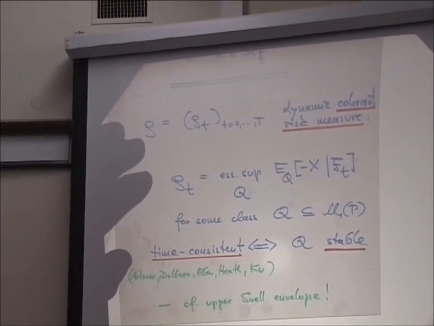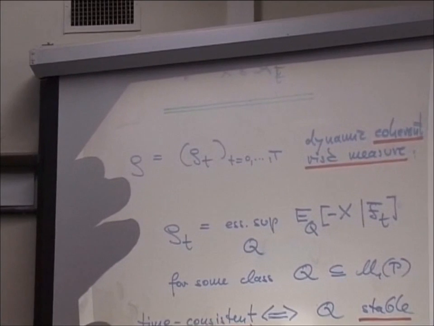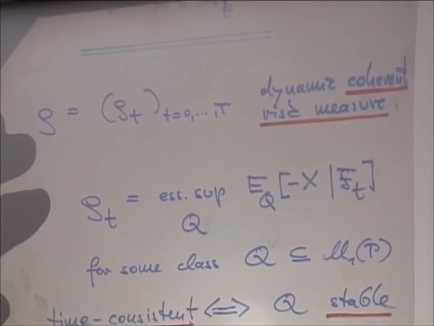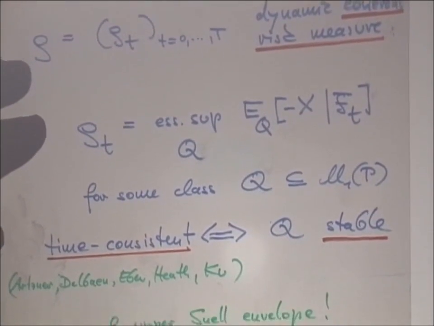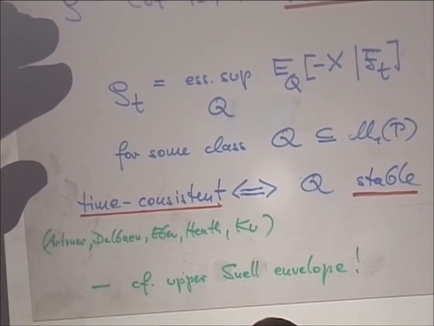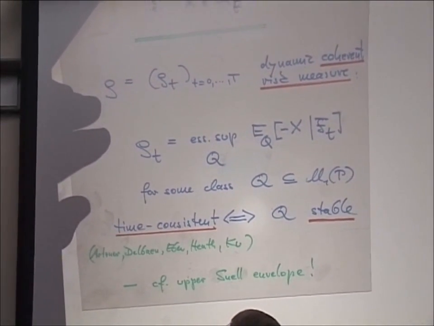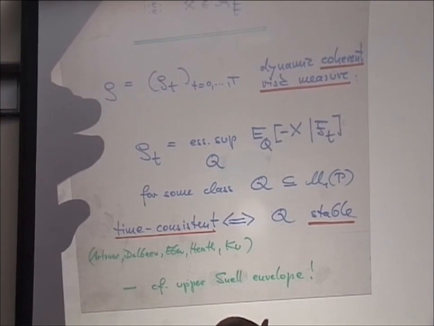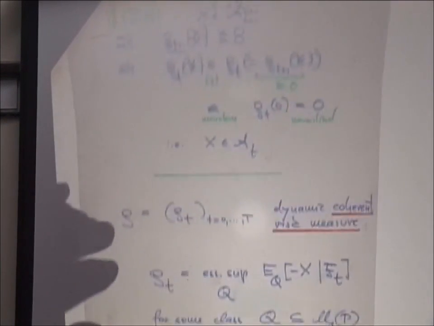And one can show it's time consistent if and only if the set Q is stable, which was shown in the paper by Artzner, Delbaen, Eber, Heath, and Ku. But here we have already seen it. This was the argument which came out of the upper Snell envelope. So this would be a corollary to our discussion of the upper Snell envelope.